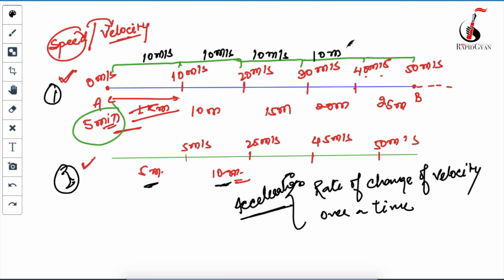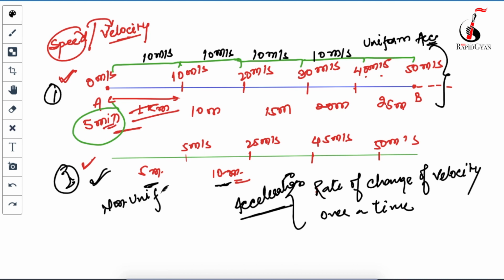When your velocity is changing over time in a fixed interval or by a fixed amount, this kind of acceleration is called uniform acceleration. The second one is also acceleration, but it is non-uniform acceleration.